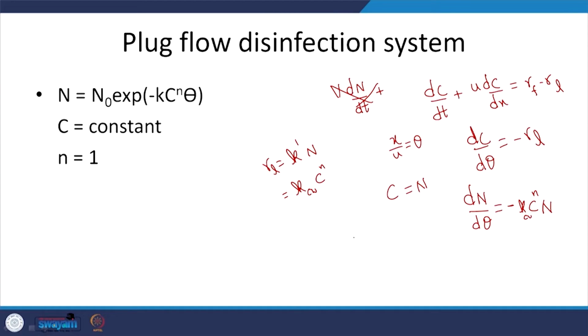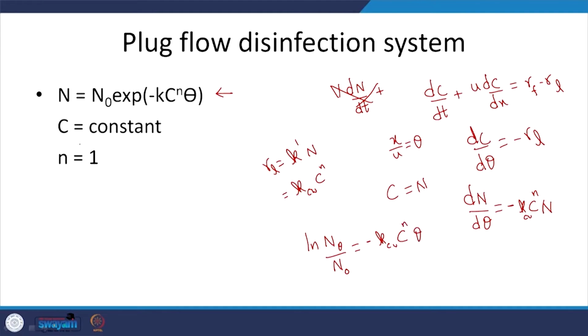What do you get? This is what you get. Please note that it is similar to what we had earlier: the natural logarithm of N at time theta by N naught, or initial N. Let me make that clearer. So, N at theta to N naught is equal to minus KCW C to the power of n theta.